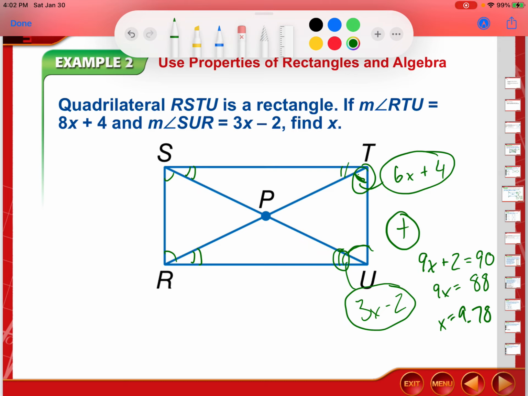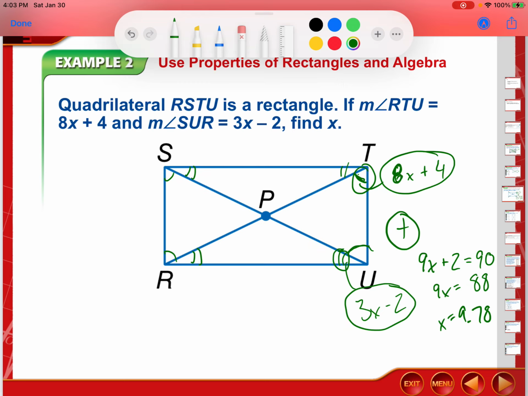Let me double check that. Did I mess up? Yes, I did. I said RTU is going to be 6x plus 8.